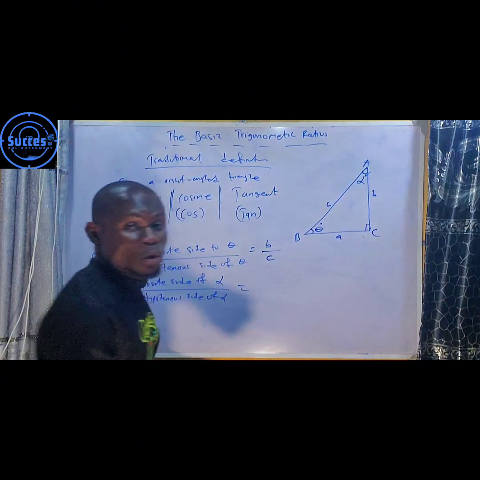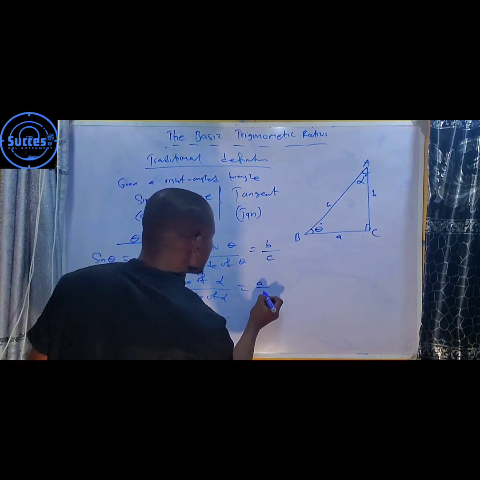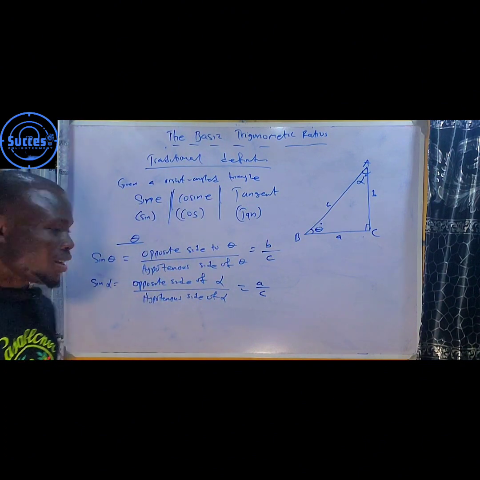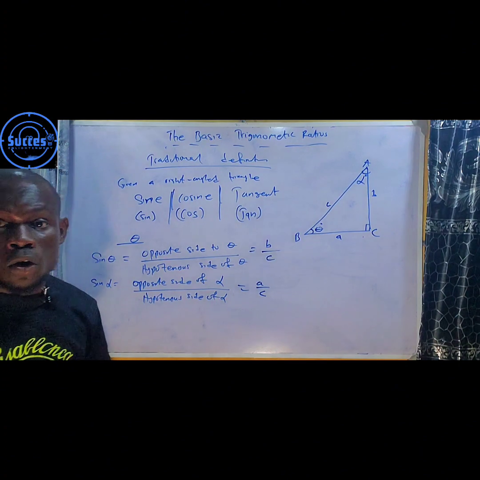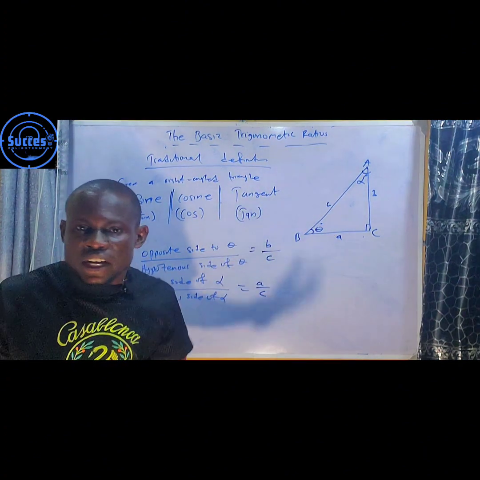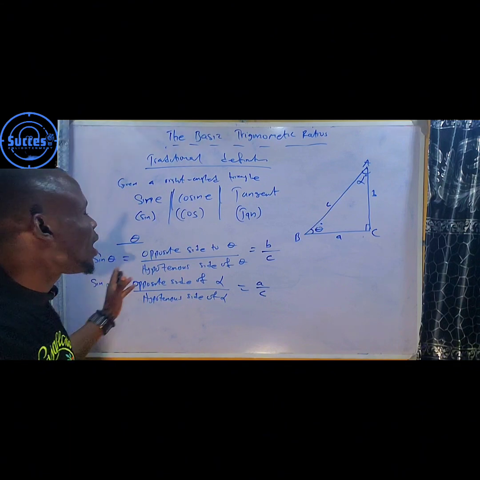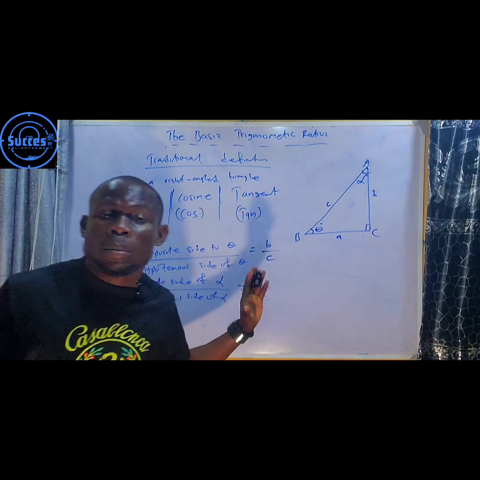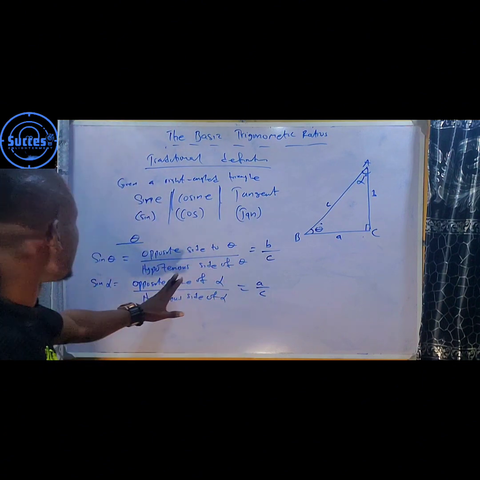The opposite side of alpha is a, and the hypotenuse is c. Do you get it? It's as simple as that. The opposite side of the angle divided by the hypotenuse side of the triangle. That is what the traditional definition says about sin theta.